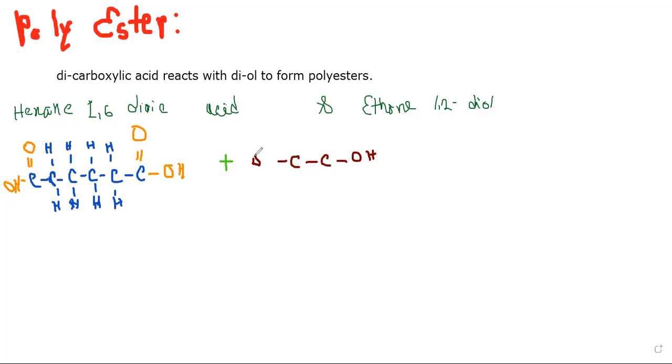Let us draw the H. The rest of the things are only hydrogens: H, H, H, and one more H. Okay, so now we are done drawing the reactants, hexane 1,6-dioic acid and ethane 1,2-diol.